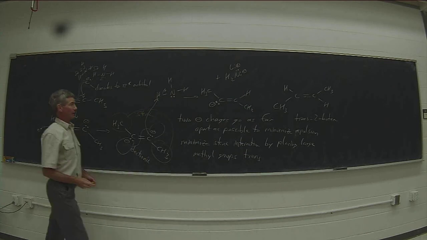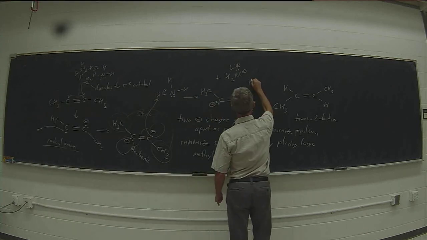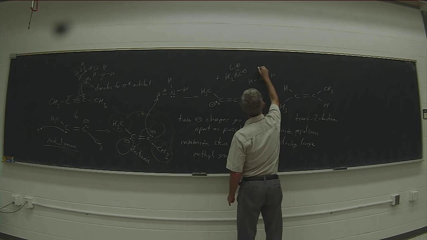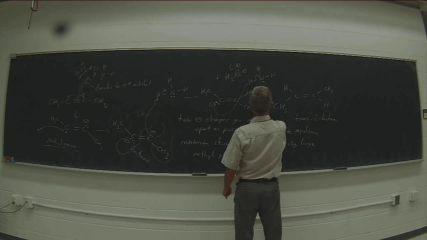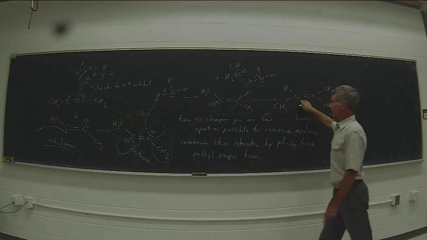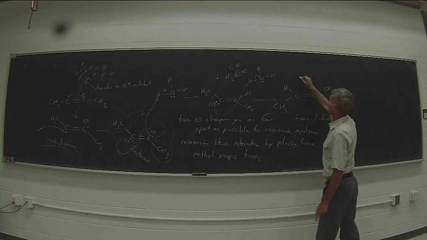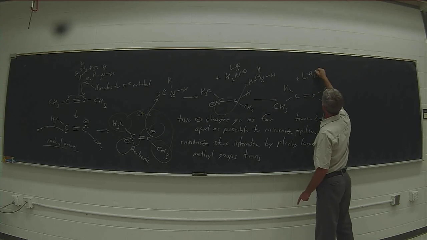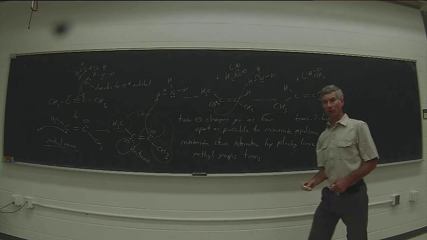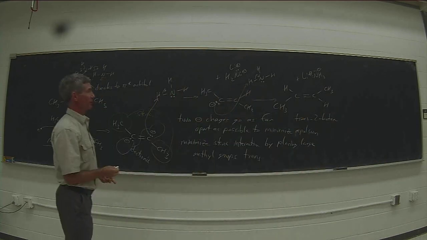And then this will happen again, a second molecule of ammonia will donate a proton to form the final product and another lithium amide. And those lithium amide salts will be quenched.